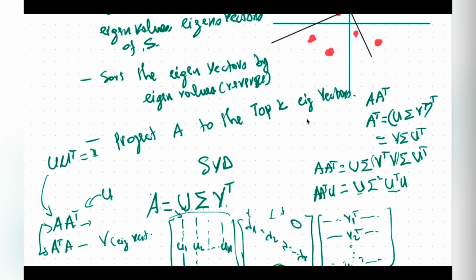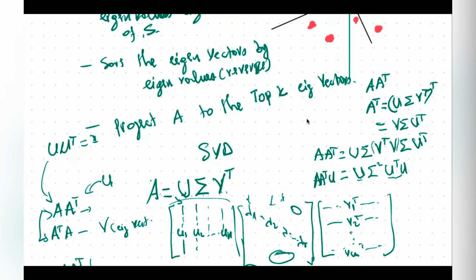This will be what? Identity matrix. And then finally, what you get is that U transpose A A transpose U is equal to sigma squared. So basically this tells us that U is the eigenvector of A A transpose, and the eigenvalues associated are sigma squared. Does that make sense?